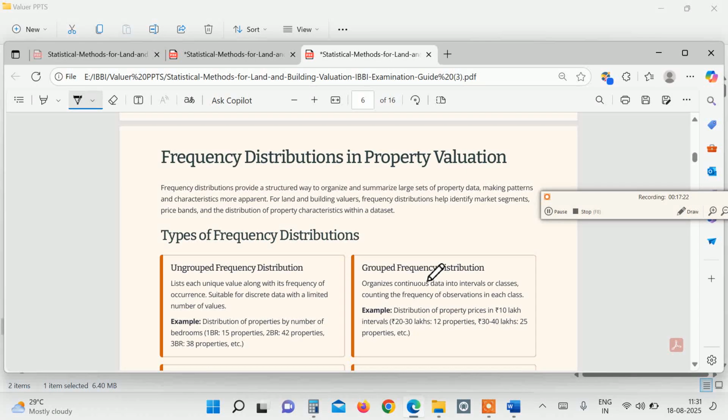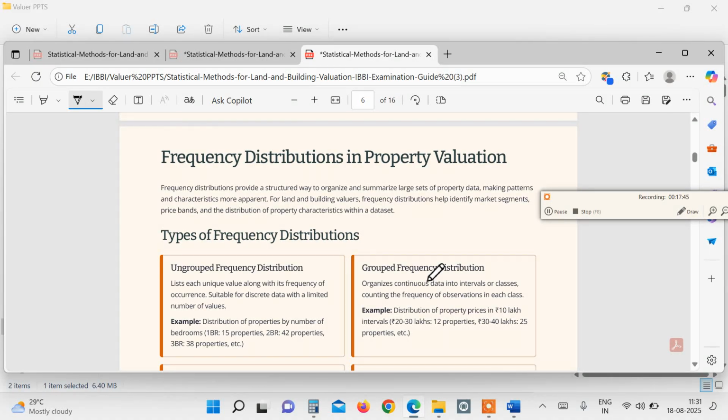So, different types of frequency distributions are used in property valuation. First type is ungrouped frequency distributions. In this type of frequency distribution, we list each unique value along with its frequency of occurrence. So it is suitable for discrete data with a limited number of values.